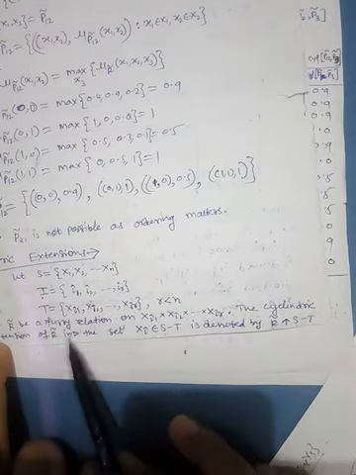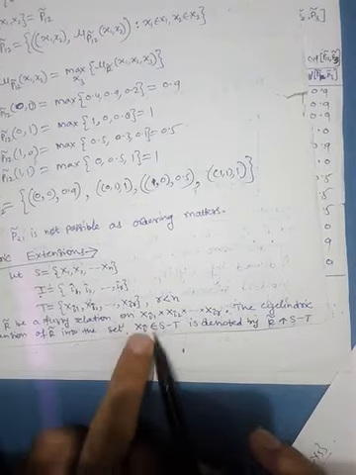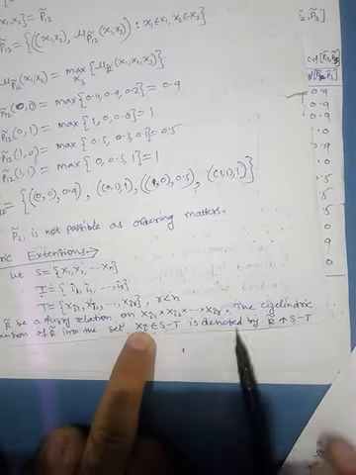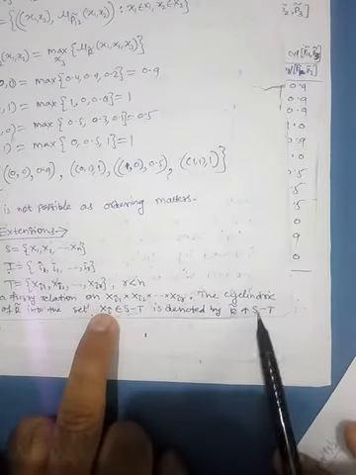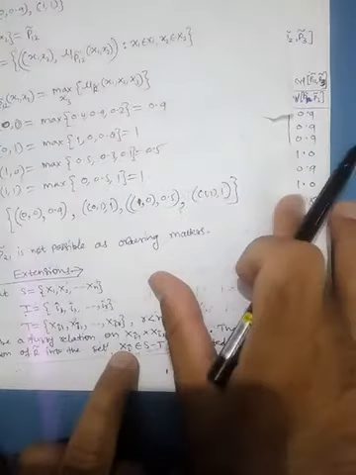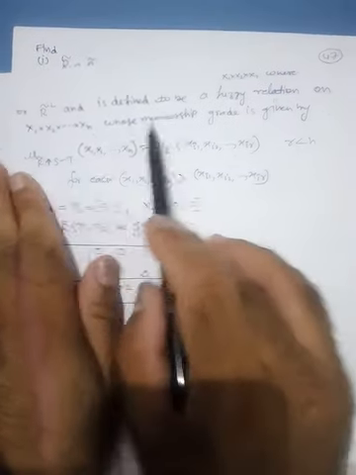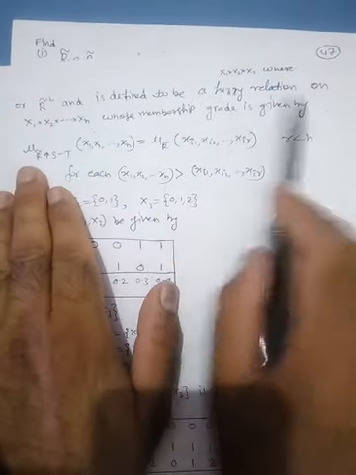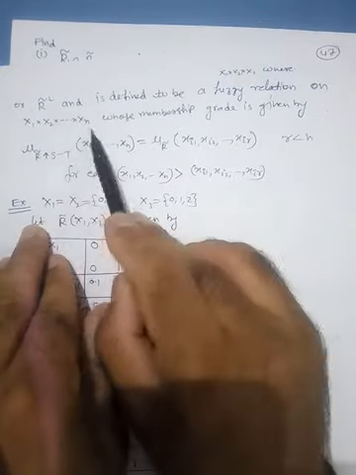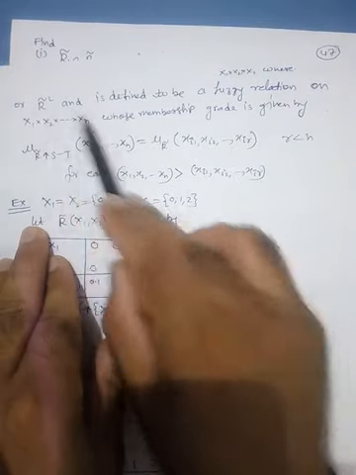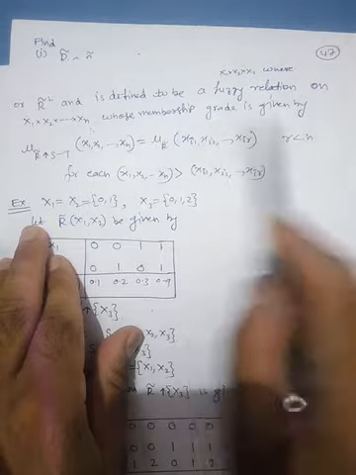The cylindrical extension of R into the set xi belonging to S minus T is denoted by R upward arrow S minus T, which is also denoted by R with a cylindrical extension. Fine. So this will be a fuzzy relation on x1, x2, xn. This is an n-dimensional n-tuple whose membership grade is given by this.